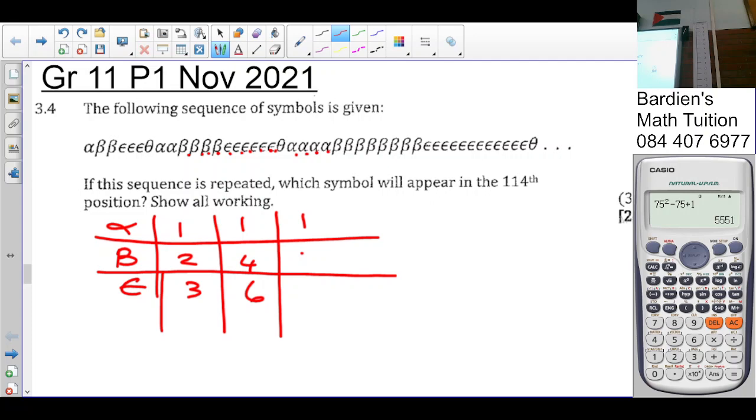Then we had 2 alphas, 4 betas, 6 epsilon signs, and 1 theta. Then we had 4.